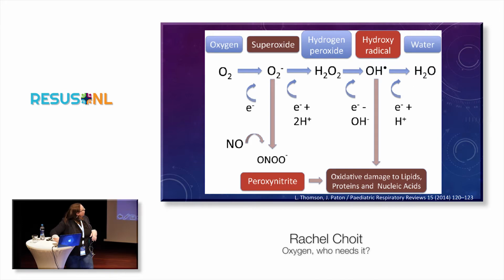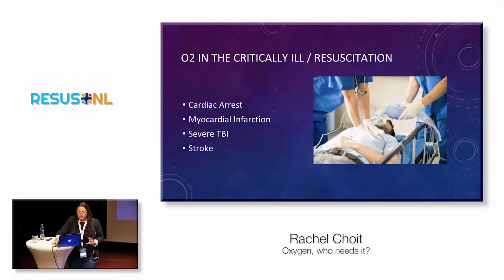So the combination of the superoxide free radical with nitric oxide results in peroxynitrite, and that is very damaging to lipids, proteins, and nucleic acids, which results in cell death and necrosis. So obviously our body has antioxidant systems, but with high concentrations of oxygen and the generation of free radicals, these get overwhelmed.